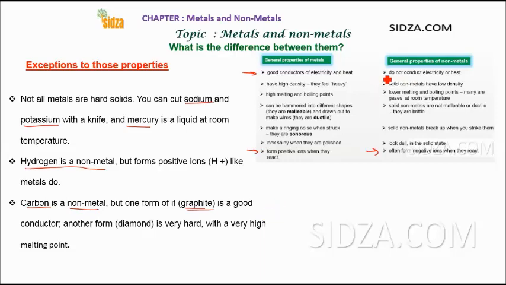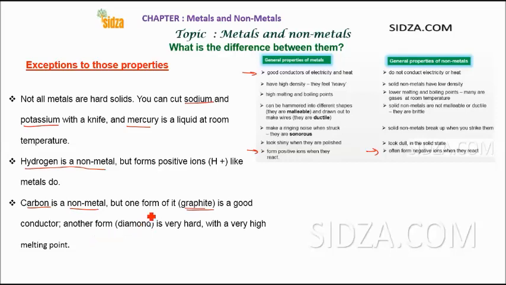Why? Because it has one free electron. In graphite, each carbon is bonded with 3 other carbon atoms covalently. That's a different topic, we can discuss it in the next lesson.